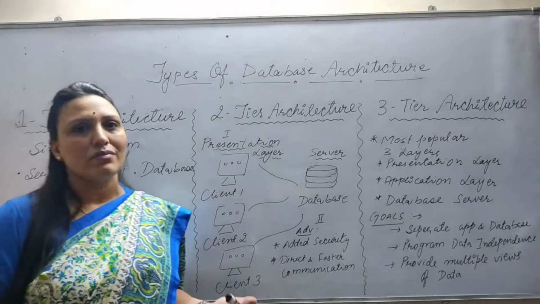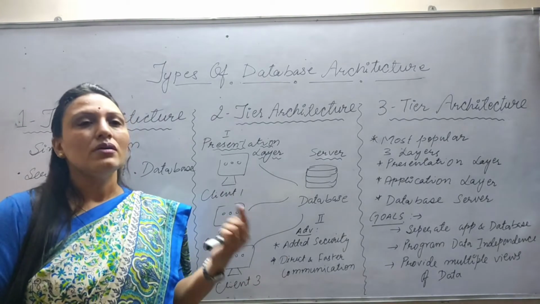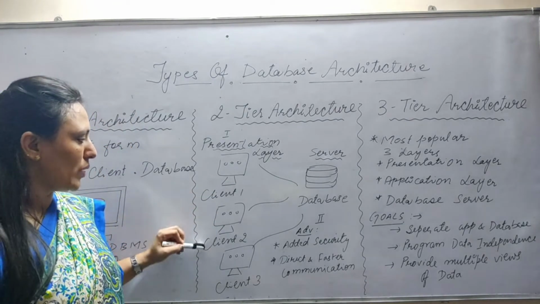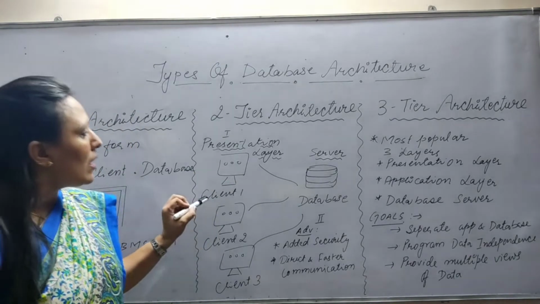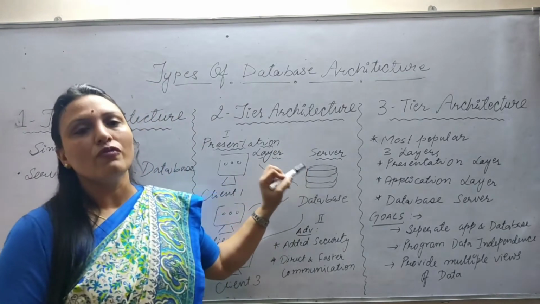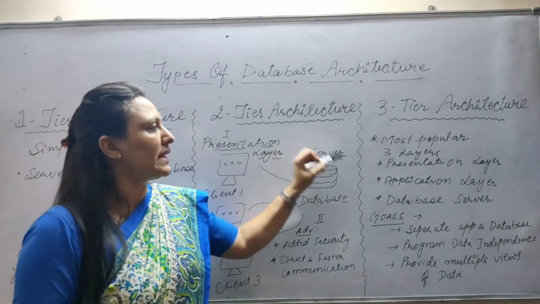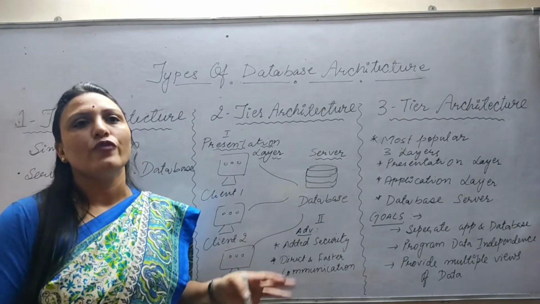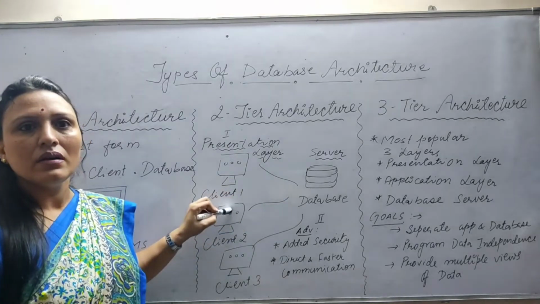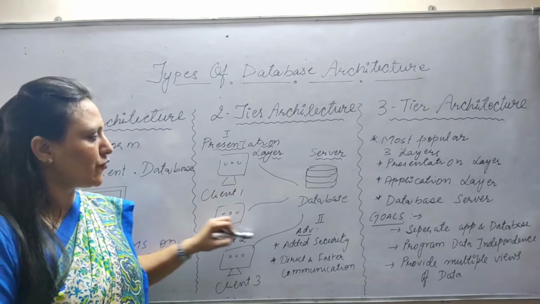We can have n number of clients, one or more. These clients are connected to the server database where the data is stored in different formats, and the client will extract the data from the database.